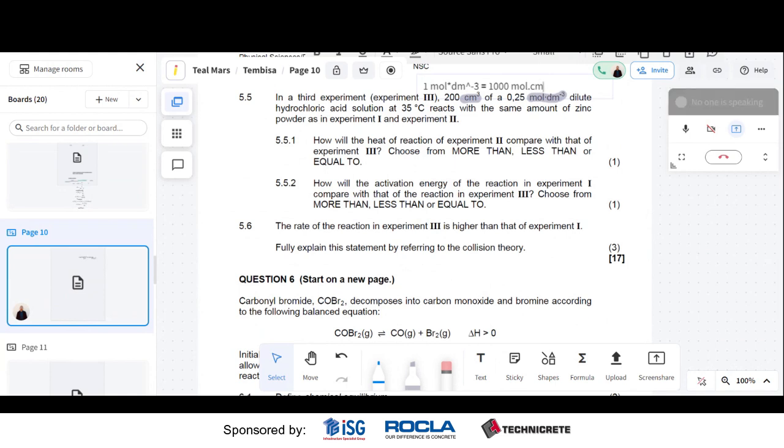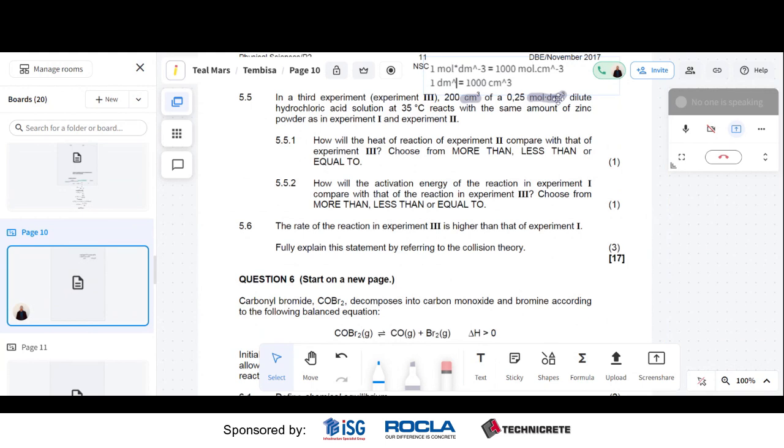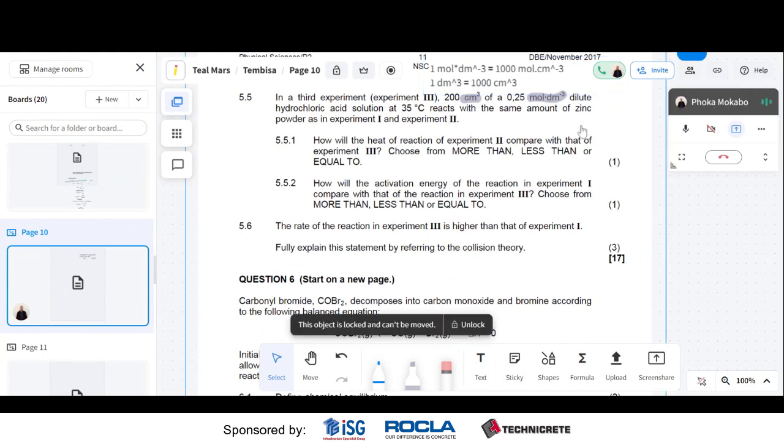So the conversion, or if you'd like, the conversion between 1 decimeter cubed. Again, I'll move it up just now. Is equal to 1,000 centimeters cubed. Let's just move it up so you can see it. One decimeter cubed is equal to 1,000 centimeters cubed. Okay, and we will need to make use of that in a couple of seconds.